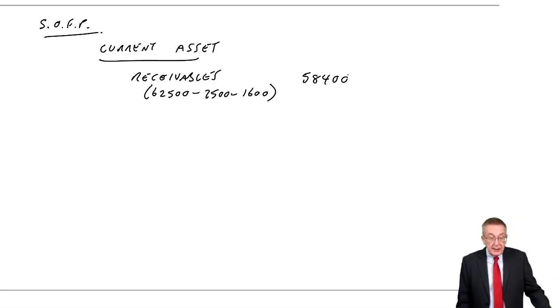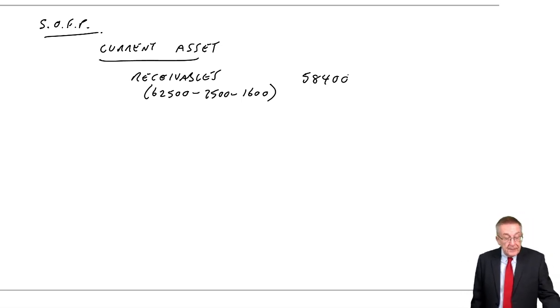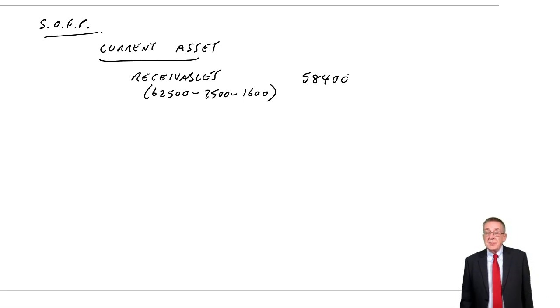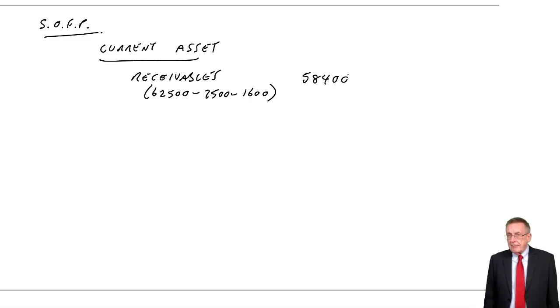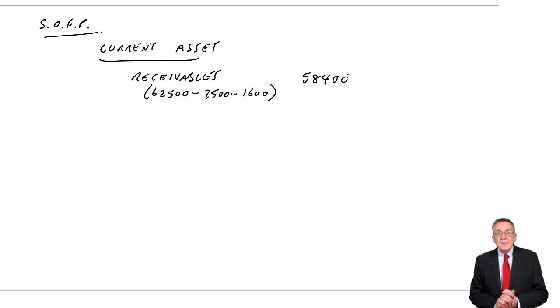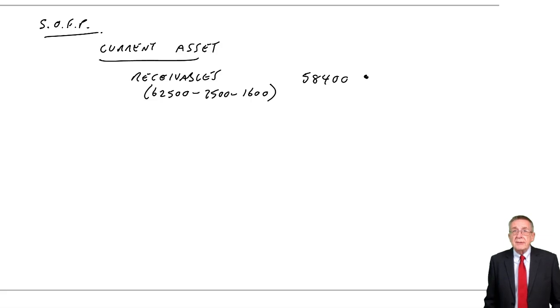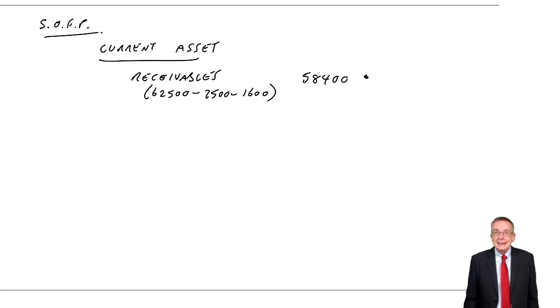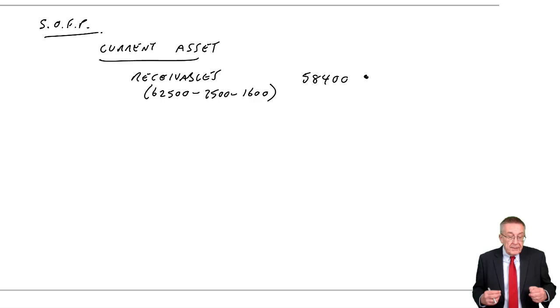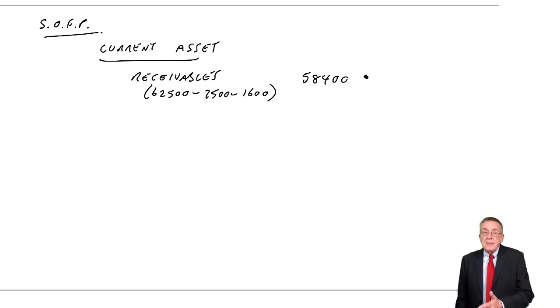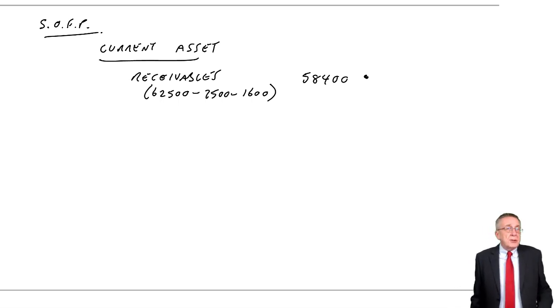However, still included in the 58,400 is Z, who owes 2,800. And Z is doubtful. Now, I did say a few minutes ago that with a doubtful one, we're still hoping to get the money, so I am hoping we will receive the 58,400. But there is a risk that for whatever reason, we might not get 2,800 of it. Well, on the statement of financial position, we want to be safe.